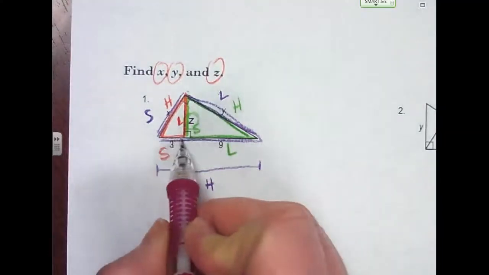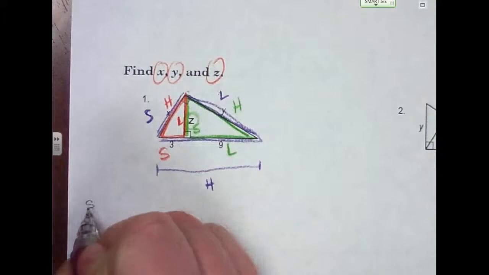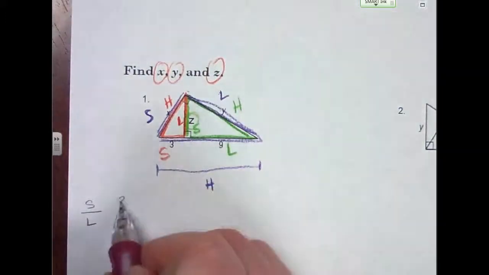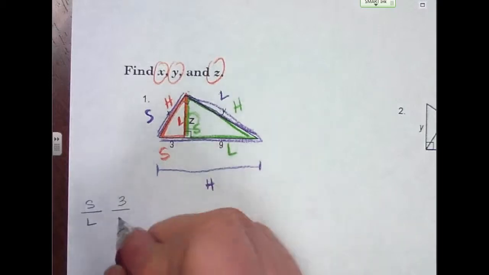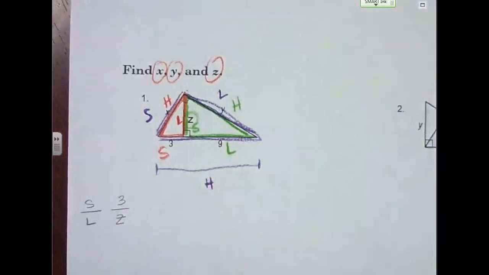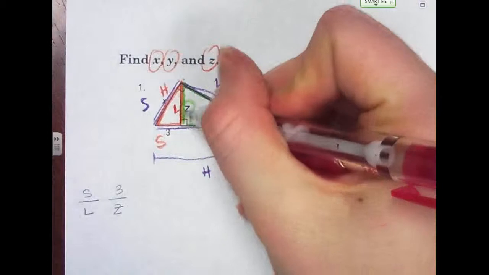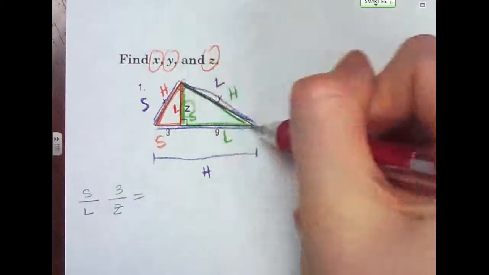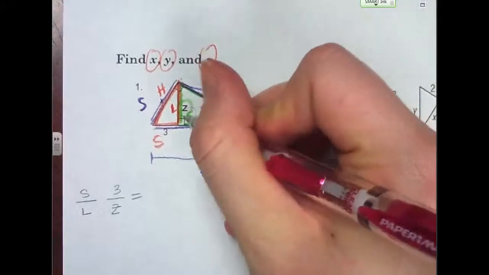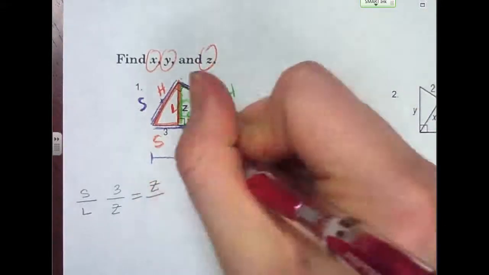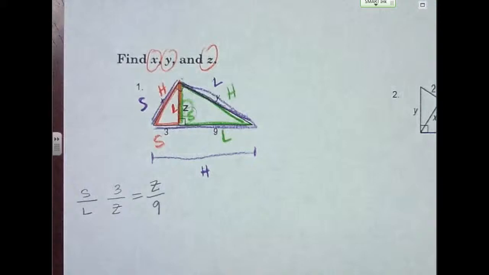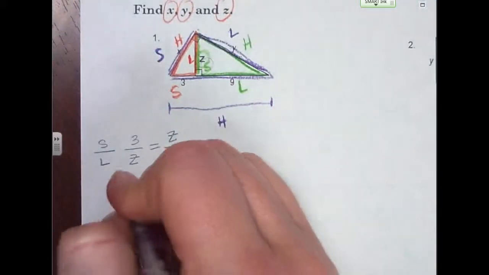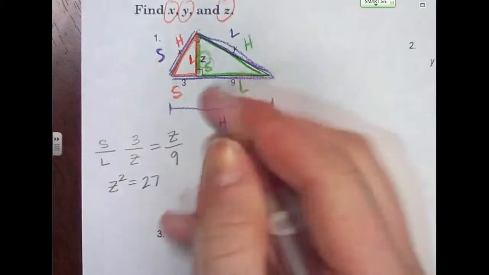I'm going to do short over long. The short side in orange is 3, and the long side in orange is z. So 3 over z is equal to, now I go to the green triangle, the short side, which is z, over the long side, which is 9. Let's solve for z. If we cross multiply, we get z squared equals 27.